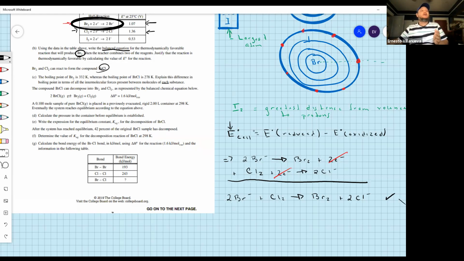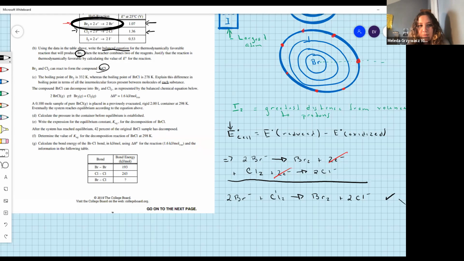So now we can do our formula, right? Which one is being reduced and which one is being oxidized? Look at it from here.